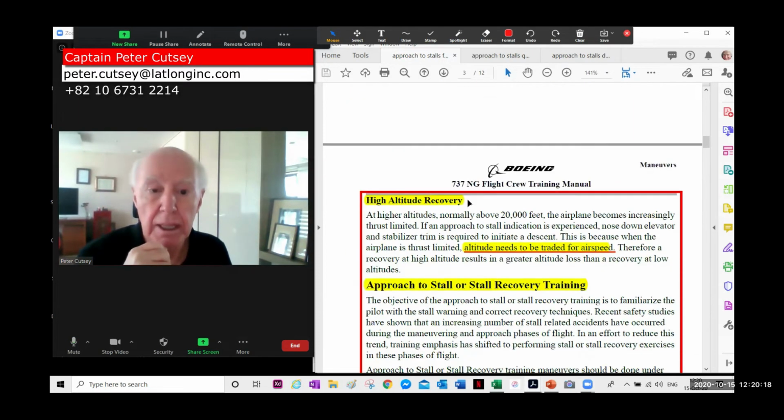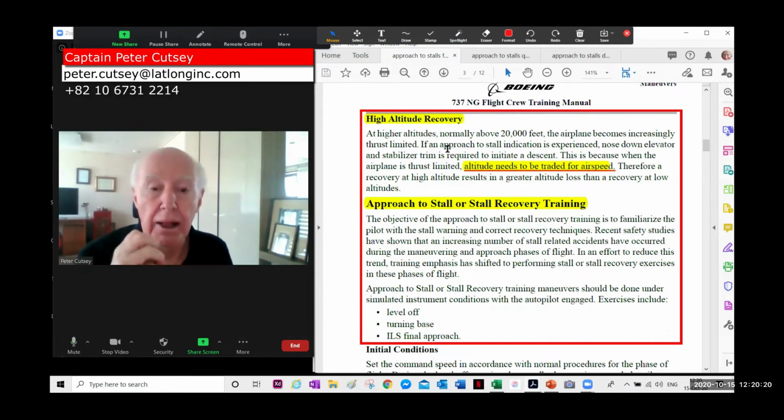All right. We have different recoveries. One is a high altitude recovery, and it's normally done above 20,000 feet. Remember, we talked about four types of approach to stall recoveries: a high altitude recovery, and a level off recovery, which we're going to initiate at 10,000.